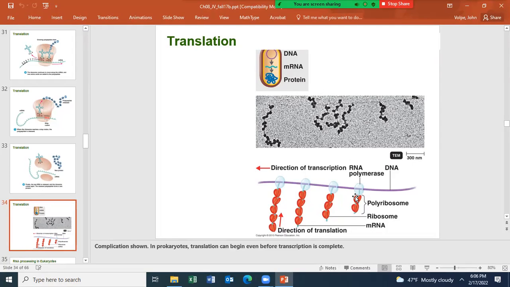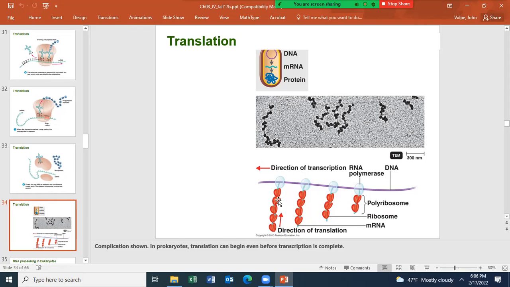And so you have in prokaryotes protein translation occurring while RNA transcription is going on, meaning while it's occurring.